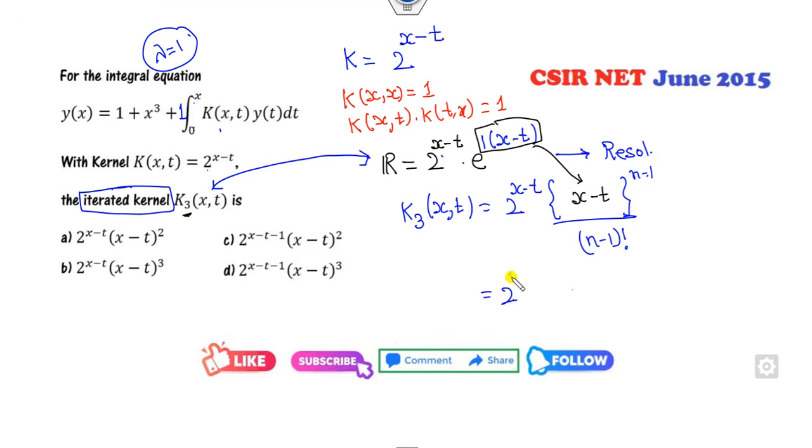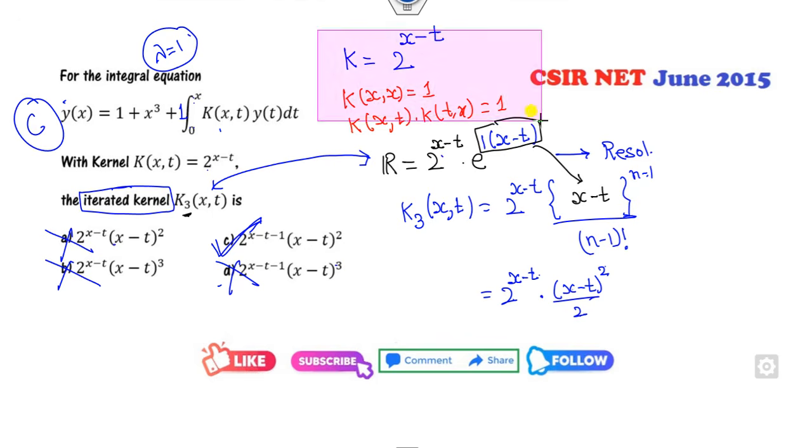So what is the right answer? x minus t to the power 3 minus 1, over 2 factorial. This is a square, so it's a cube, cancel out. It is divided by 2, and it is here. C is my right answer for this problem.